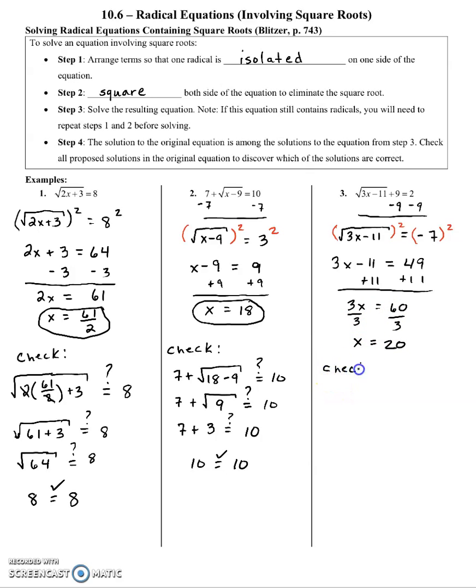So if we check, we have the square root of 3 times 20 minus 11, and that's all under the square root, plus 9, and we need to know if that equals 2. So under the square root, 3 times 20 is 60, minus 11, and then plus 9 outside.